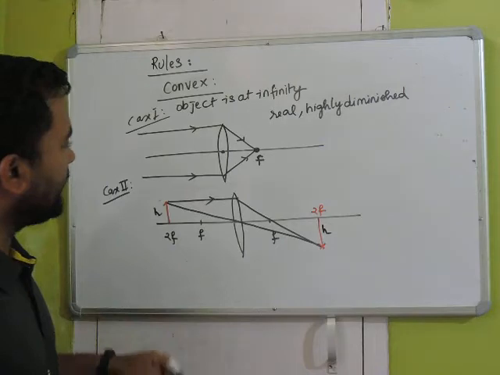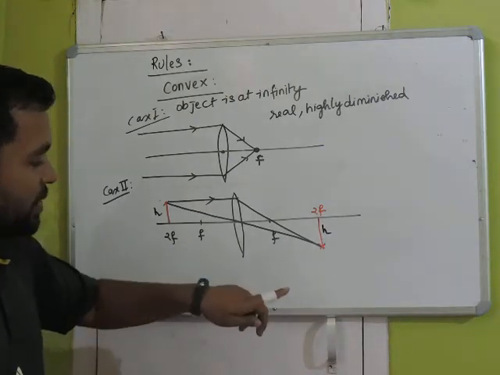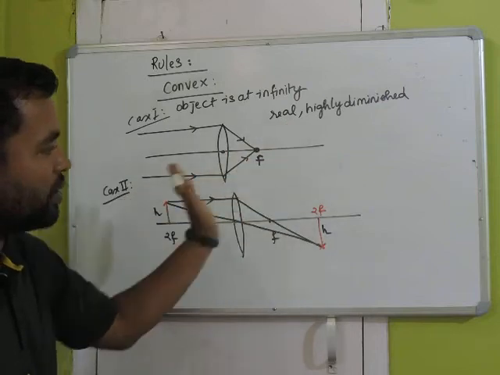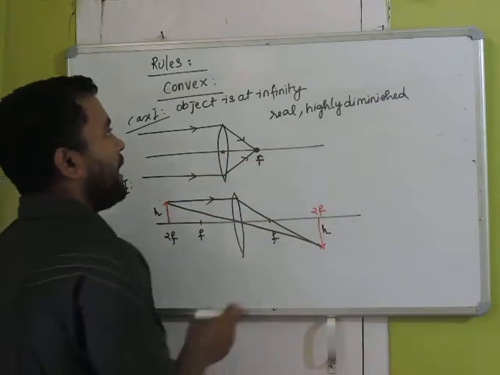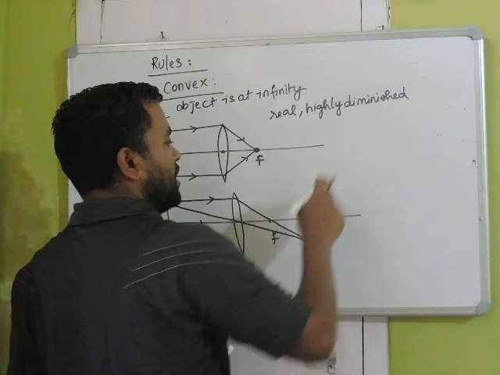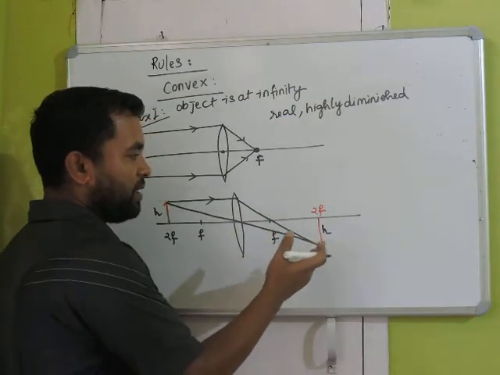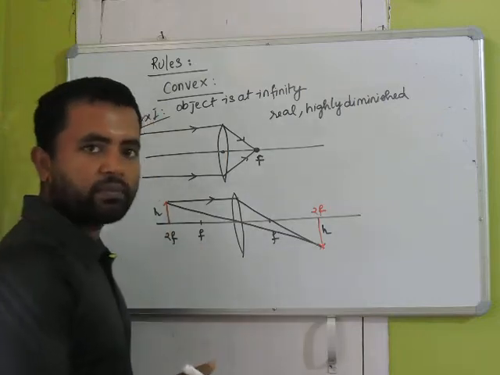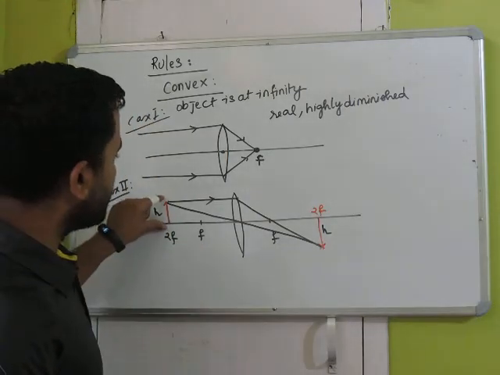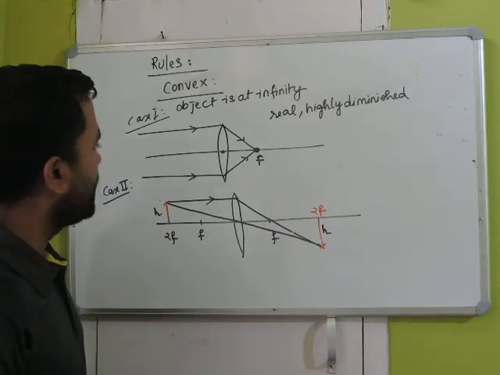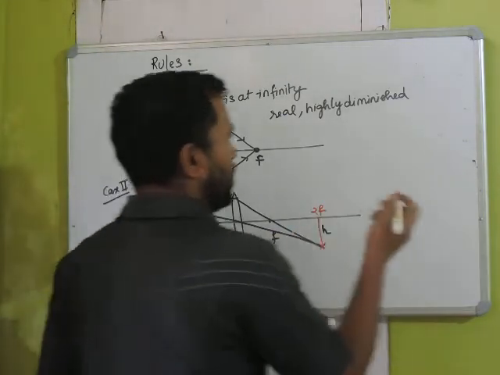So what will be the characteristic of the image? The characteristic will be the image is real because it's on this side and its size is equal to that of the object. So what will be magnification here? Magnification will be 1, right? So this height and this height is also same in this case. Okay, now moving on.